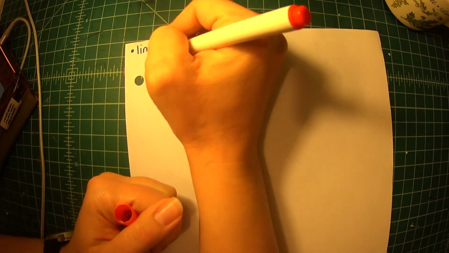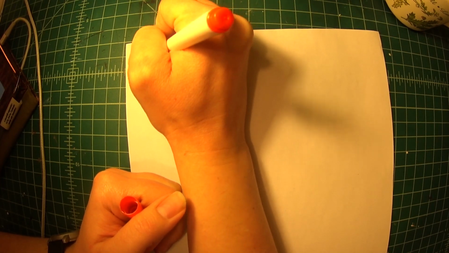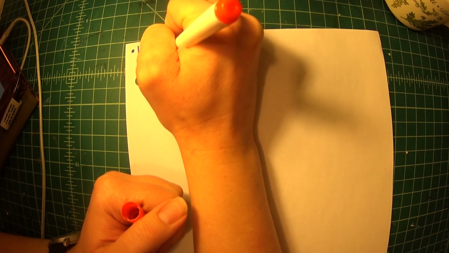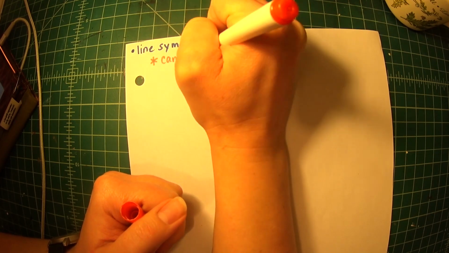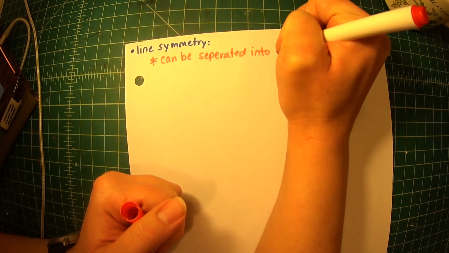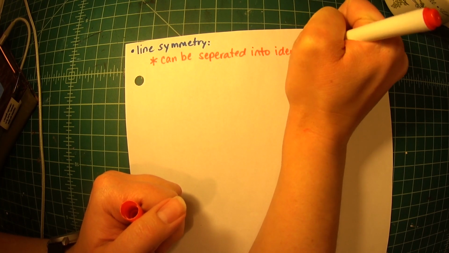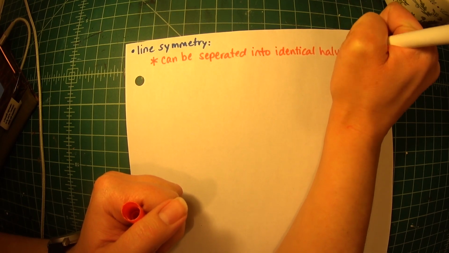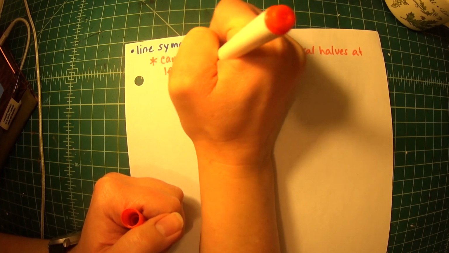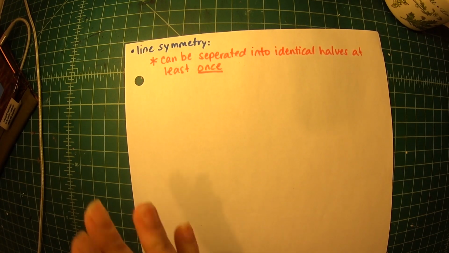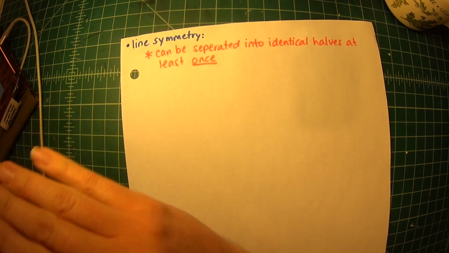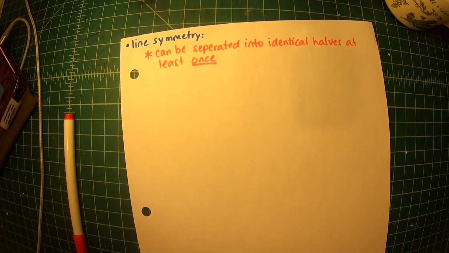So underneath whatever you've already got written there, let's just add a starred point that says can be separated into identical halves at least once. Okay, so as soon as you can see it can be separated into identical halves at least once, that means that it has line symmetry.